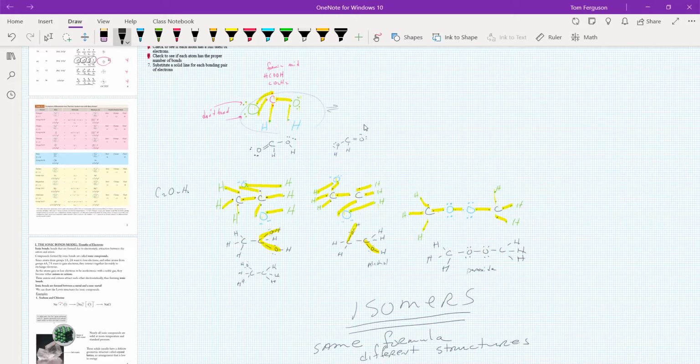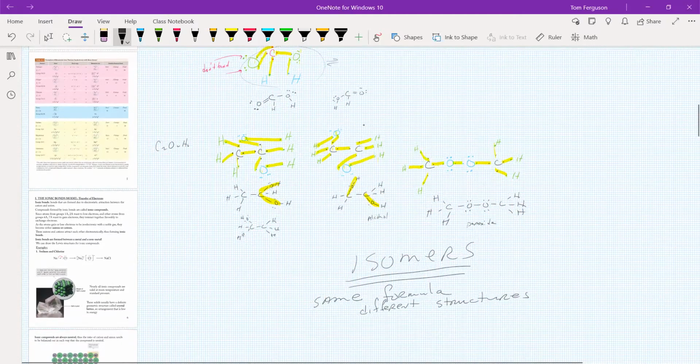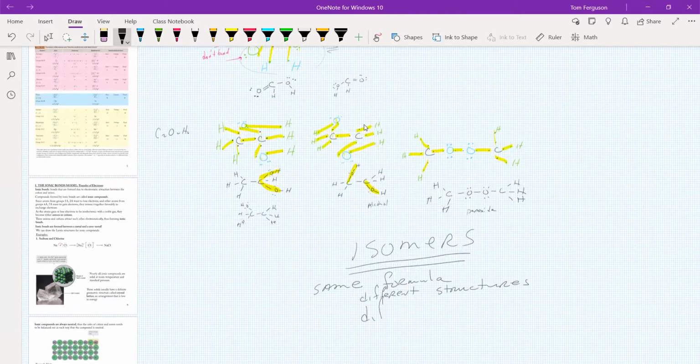Same formula, different structures. And usually different chemistry. Not all the time, usually. Some isomers have identical chemistry. Most of the time, they don't.